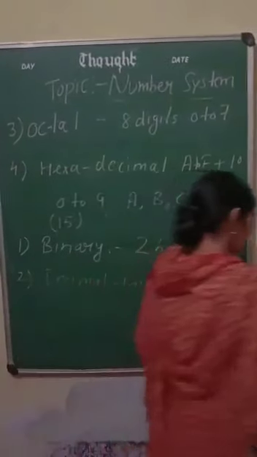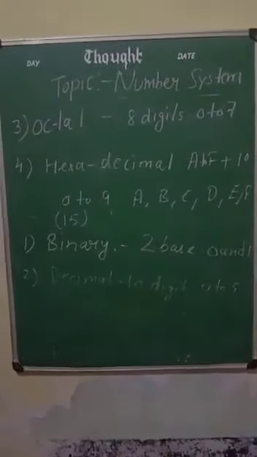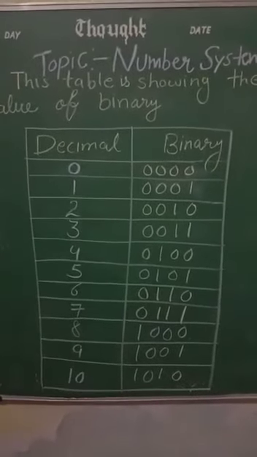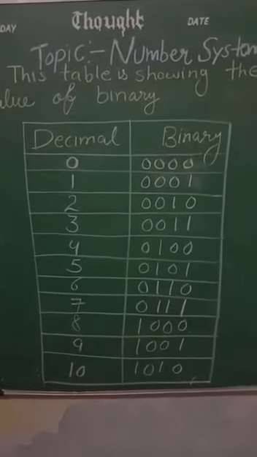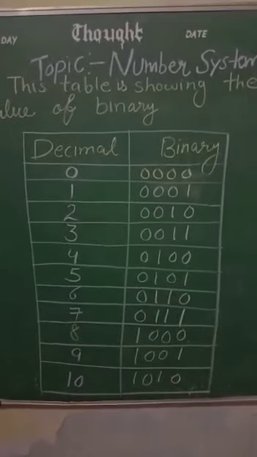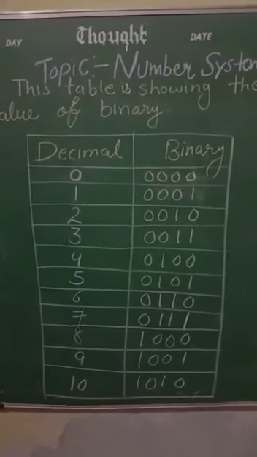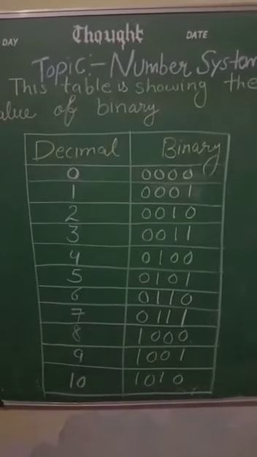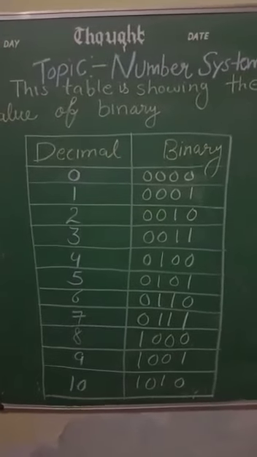Now let's see this table. This table is showing the values of binary. Here are our numbers 0, 1, 2, 3, 4, 5, 6, 7, 8, 9, 10.